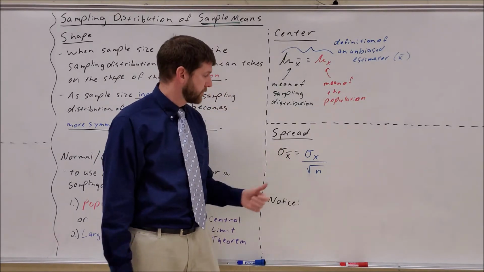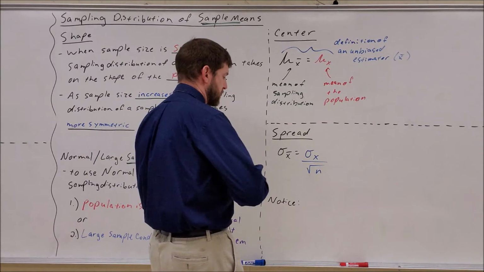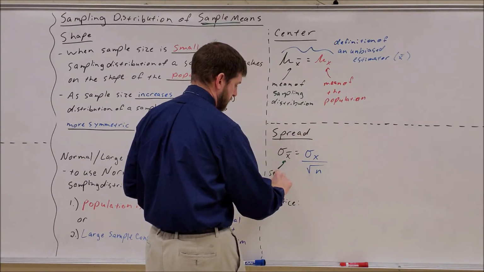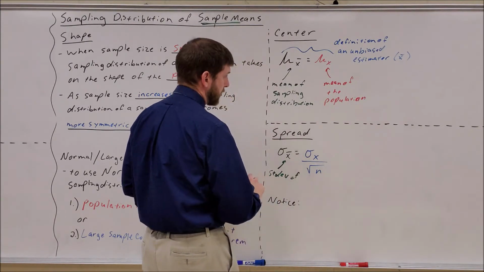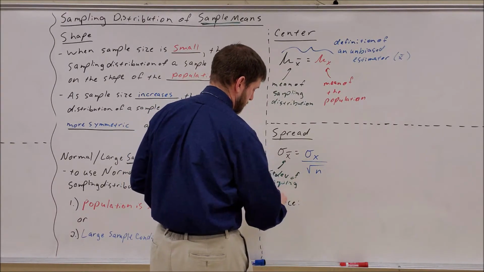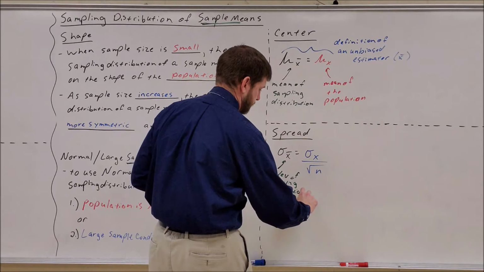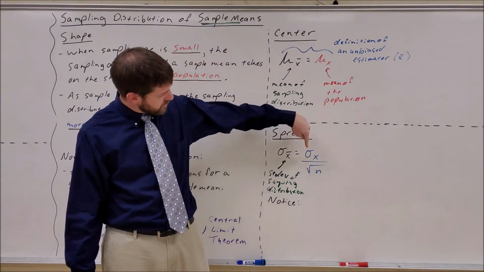Now spread, again, standard deviation is going to be how we measure spread. So our standard deviation of the sampling distribution should equal this formula right here. So what do we notice here?